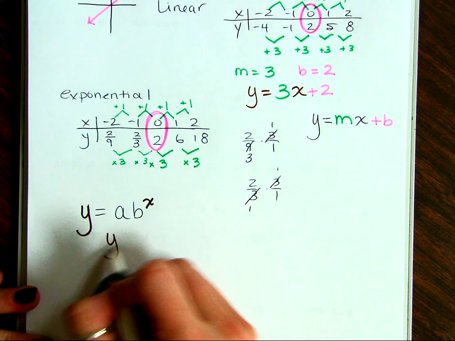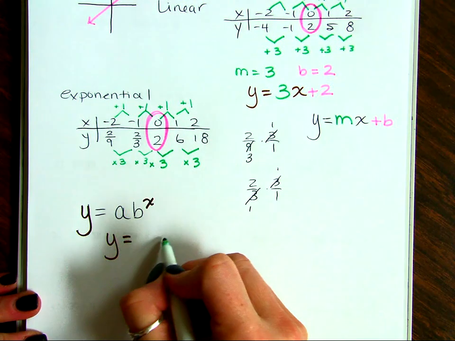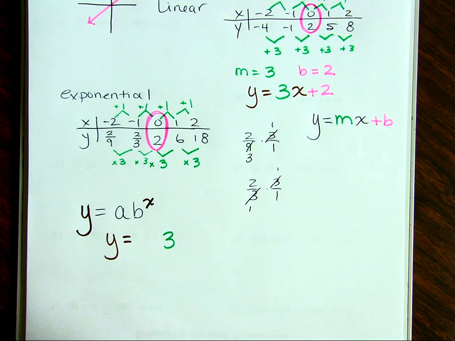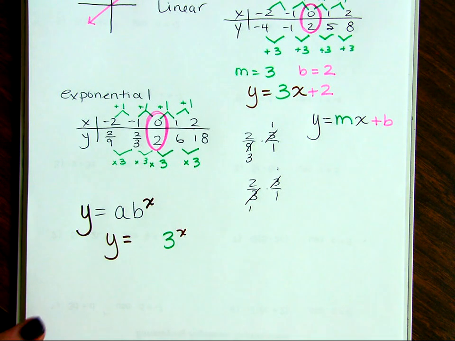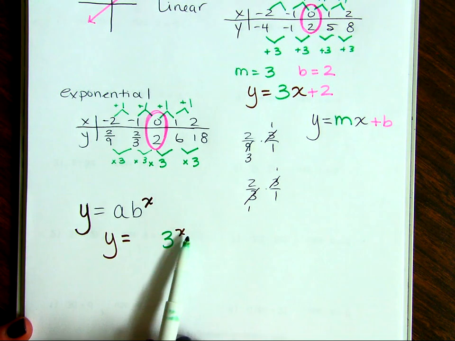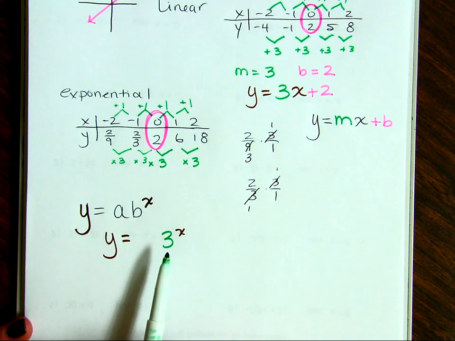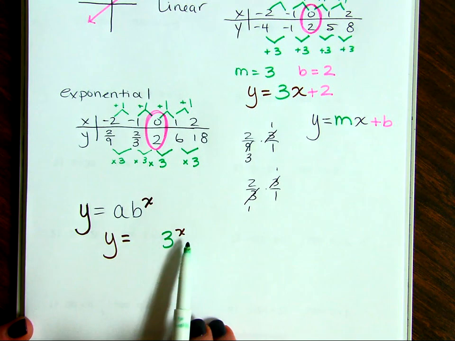This is going to be y equals not 3x like it was up here, but 3 to the x. So make that transition. The number that's being multiplied as a constant multiplier is still with the x, but it's the base for the x. So instead of 3x, it's 3 to the x.